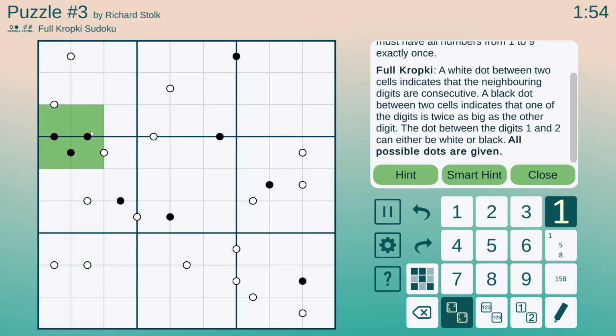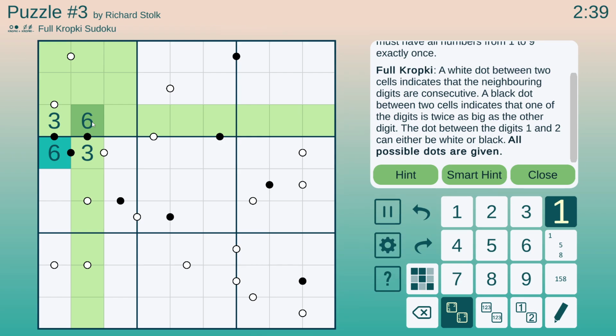It does feel like this is important. Can things repeat in a crop key? I mean, if these were all in the same cell, I could conclude that it's 1, 2, 4, and 8. But I feel like I can't conclude anything from this.